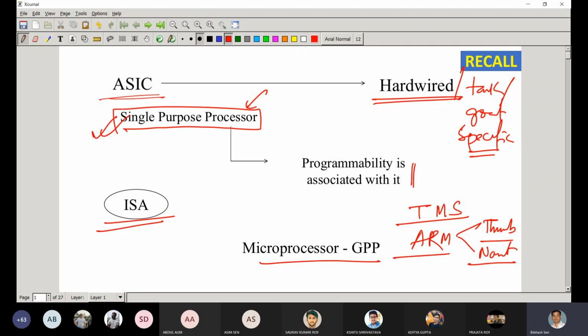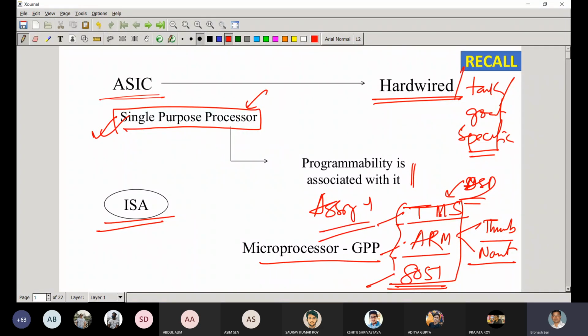Another example I have given is 8051, a peculiar microcontroller. So microcontroller, microprocessor, and ASIP, application specific processor, are used for DSP, digital signal processing. So you can compare the ISA of these. This is assignment number 1. Did you get it? The assignment I already mentioned through Abhishek.